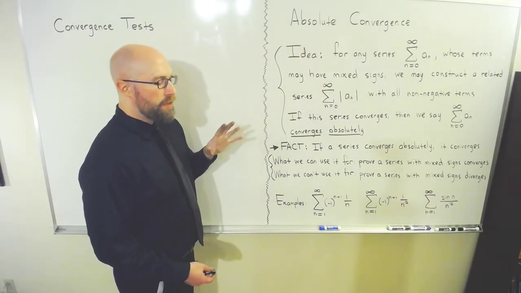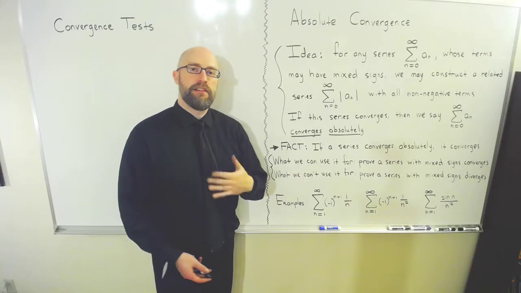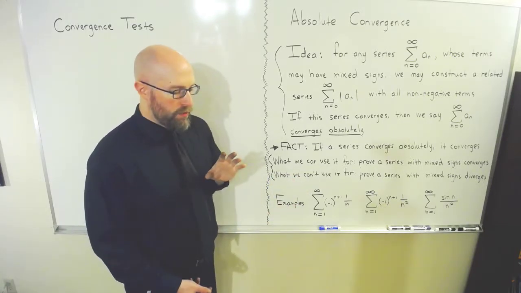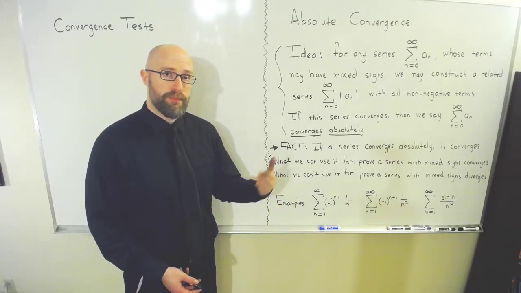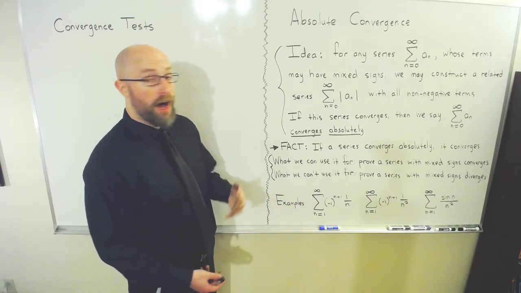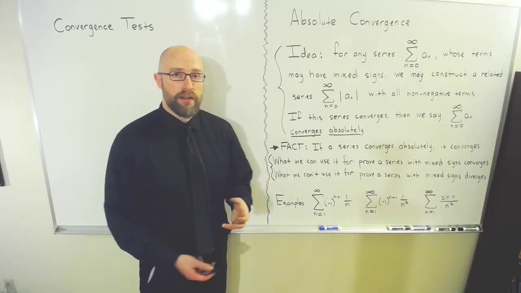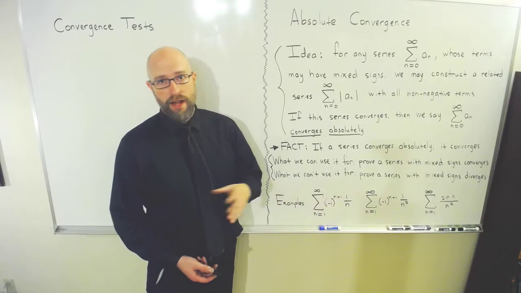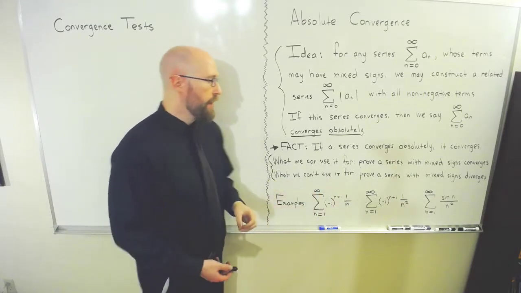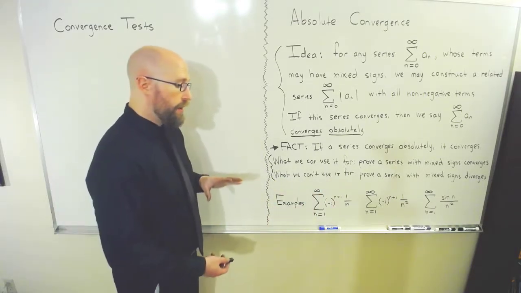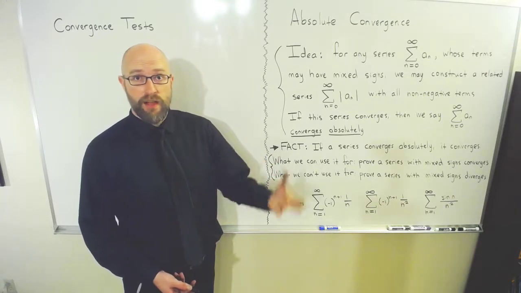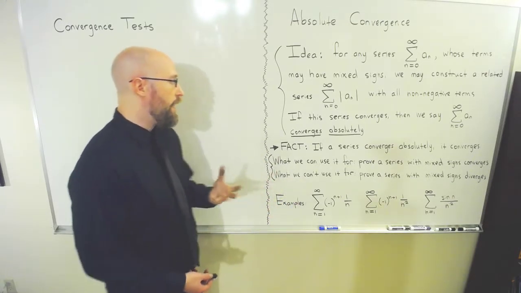Well, some of the results that we've talked about previously only apply to series with positive terms, or at least non-negative terms. But there are lots of series we might encounter that have terms with mixed signs, and we would want to be able to analyze the convergence or divergence behavior of these series as well.